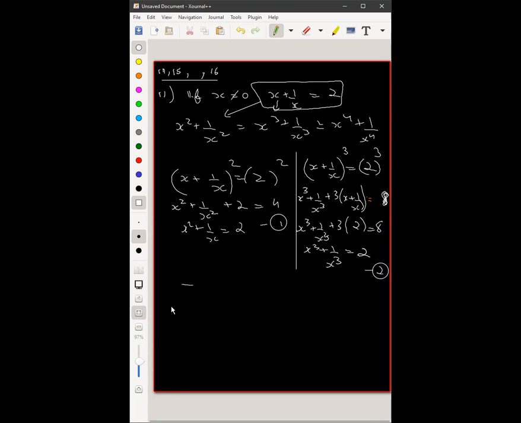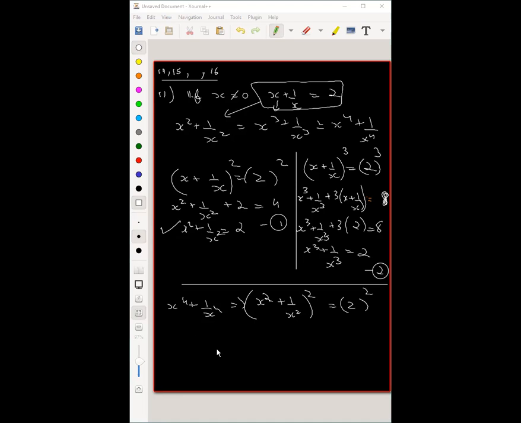Now we want x4 plus 1 upon x4. How would we get that? On expanding that, we will get x squared plus 1 upon x squared, the whole thing squared, minus 2. We just found out x squared plus 1 upon x squared. So if I square that, I will get x4 plus 1 upon x4. Expand.